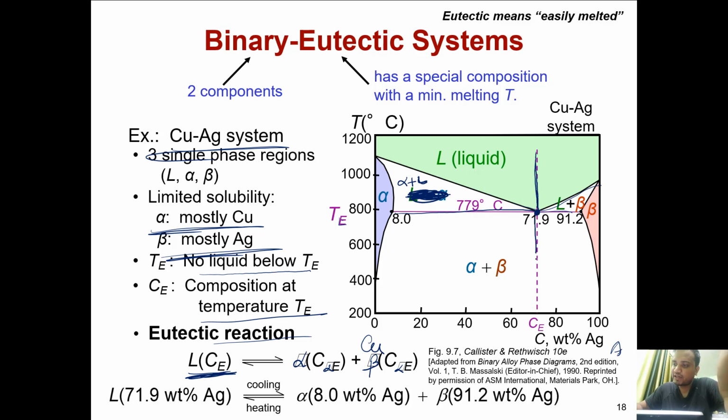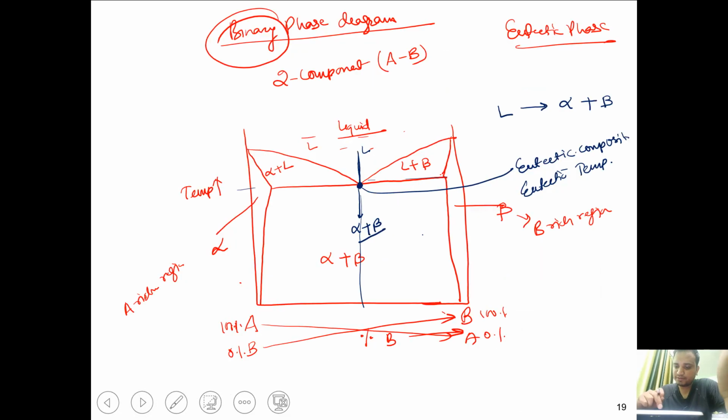So liquid will have the composition Ce, and alpha is in touch over here, so alpha will have a composition like this, so that's why alpha is 8%, and beta is in touch over here, so the composition will be 91.2%, 8% Ag, right? You remember, this is just the composition of the liquid and the solid which is forming. Okay, no problem.